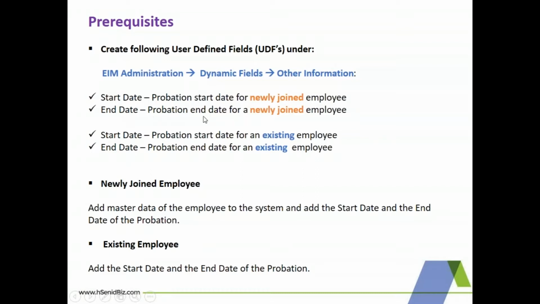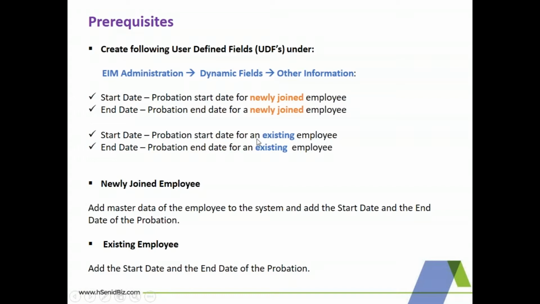For newly joined employees, you have to define the start date of the probation evaluation and the end date, and then the start date of the probation evaluation for existing employees, and the end date for the same cadre.